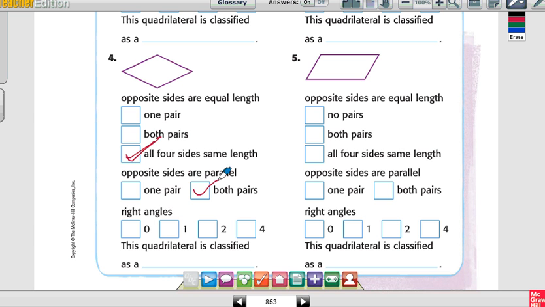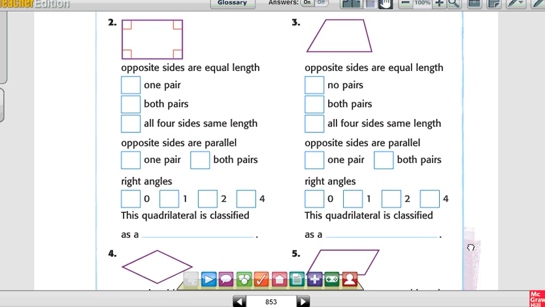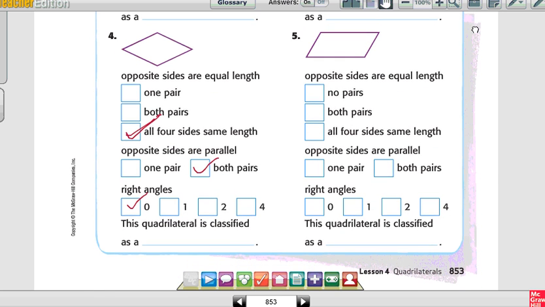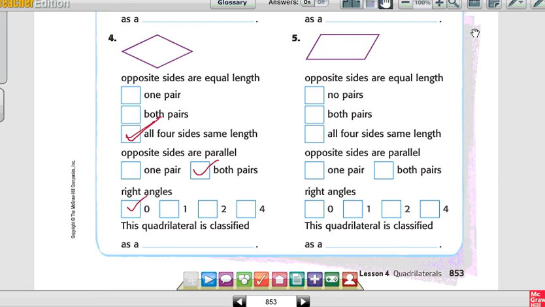Both pairs are parallel, correct. Any right angles? No. So what's that one called? Not a trapezoid. Number 3 was a trapezoid. What's that one called? A rhombus.